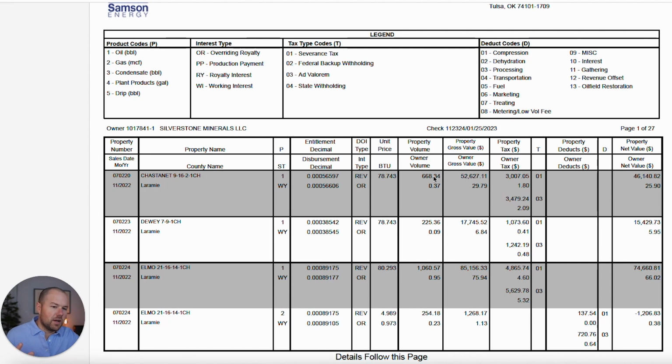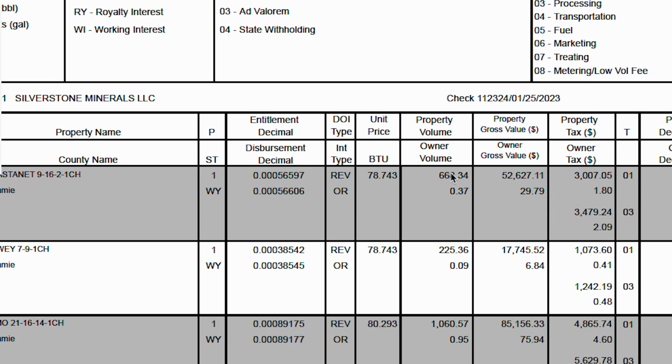Okay, so now that we've talked about pricing, we're going to move over and we'll start talking about volume, right? So what you can see here is property volume and owner volume, right? So this is the total amount of crude oil that this well produced. So what we can see is that the Chassenay well in November of 2022 produced 668 barrels of crude oil, right?